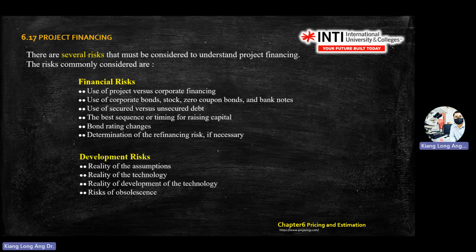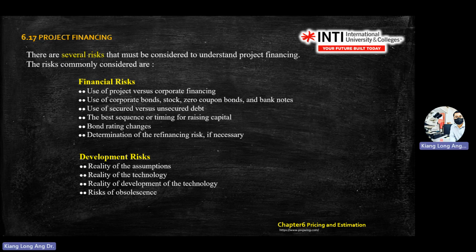First is financial risk. Second is development risk. Development risk is sometimes when new technology pops up. If you're in computing or gaming, the graphic card technology is getting better and better, so you need to catch up with that.